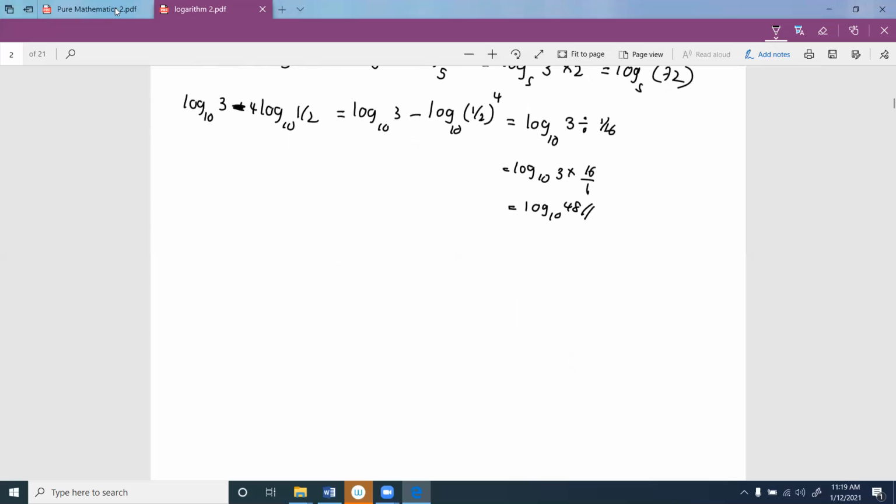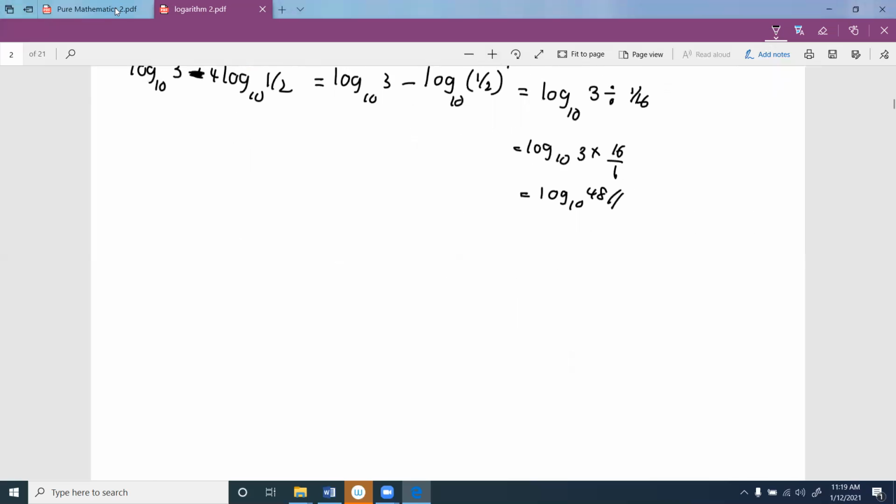They mention: write in terms of log a x, log a y, and log a z.